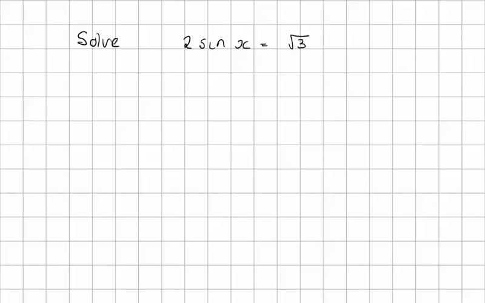What do you do first? We divide both sides by 2. So if we divide both sides by 2, the 2s cancel, we get 1 sine x, so sine x equals root 3 over 2. Does that work? Yes.